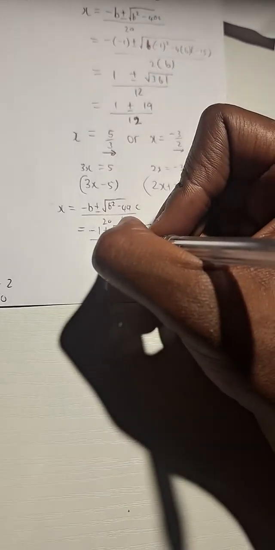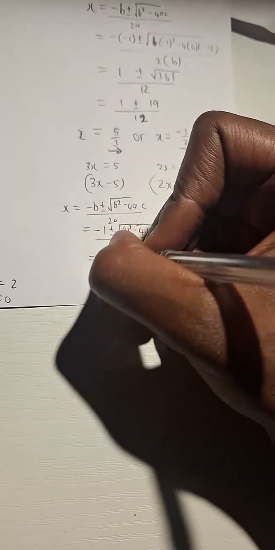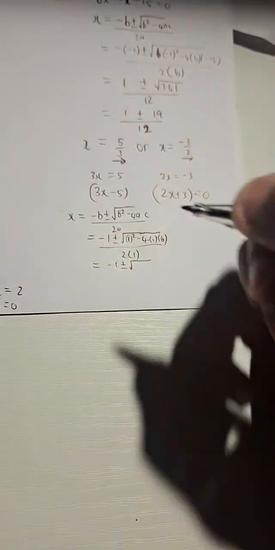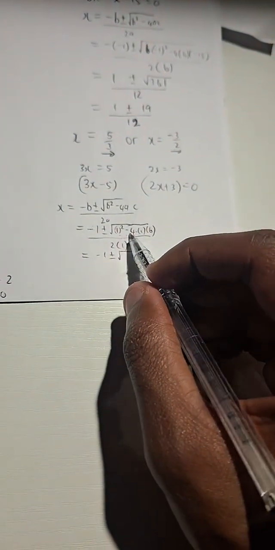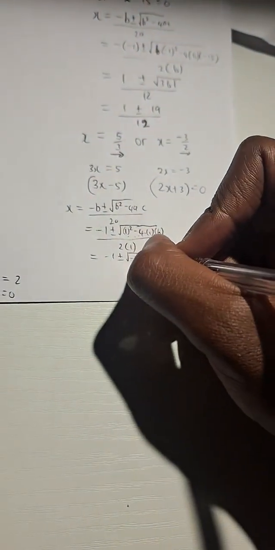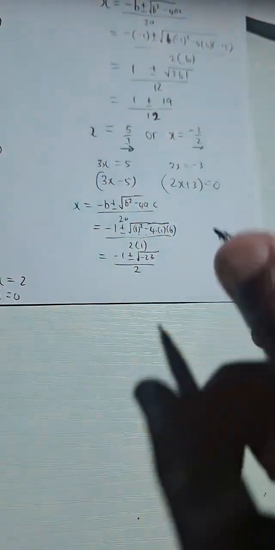Over 2 times 1. So we have negative 1 plus, and please note, 1 minus 24 gives me negative 23 over 2.